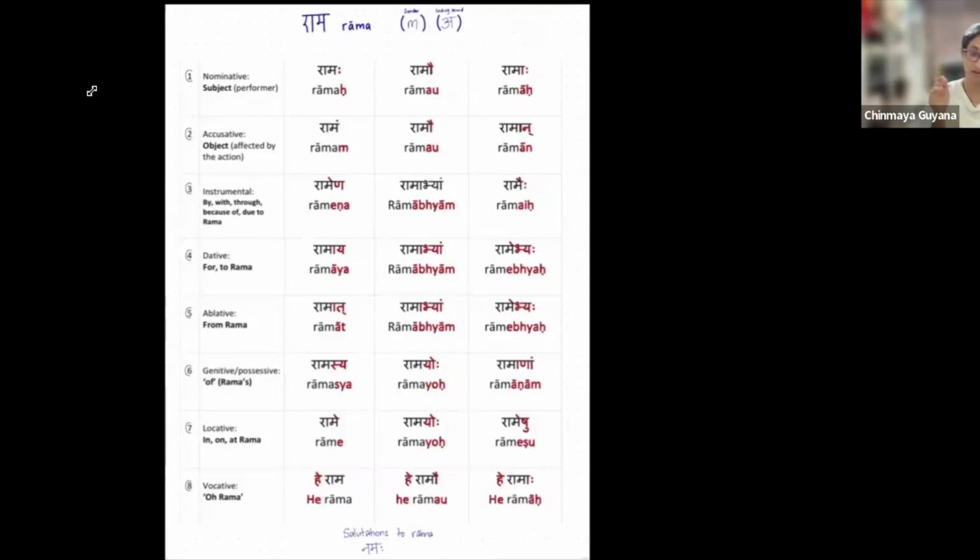Let me look. In is seventh case. How many? All the Ramas. So I will go to this box. The answer for in all the Ramas is Rameshu. Count how many English words in all the Ramas. How many Sanskrit words? One. You see how efficient Sanskrit is?